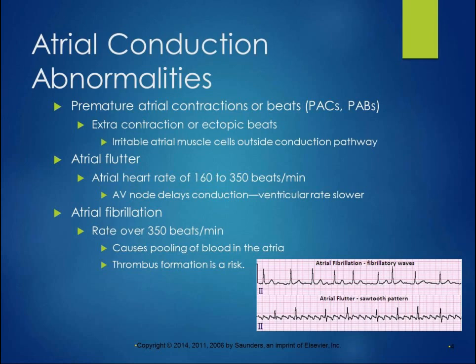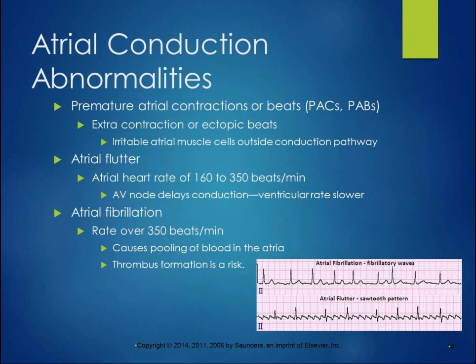So if the atrial heart rate is between 160 to 350, which just sounds crazy fast, it's considered atrial flutter. And when you look at the little EKG strip there, it's the bottom one, that sawtooth pattern. The atrioventricular node delays conduction, and the ventricular rate is a lot slower than that. So it really messes up your blood flow.